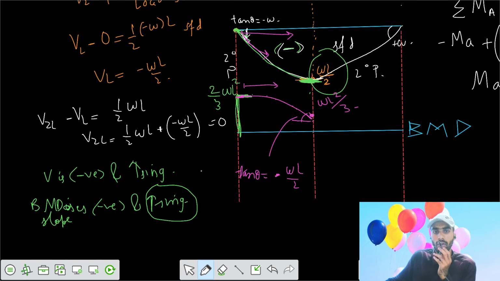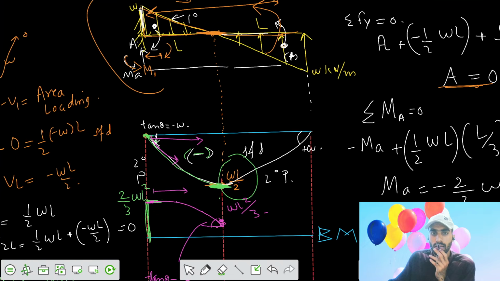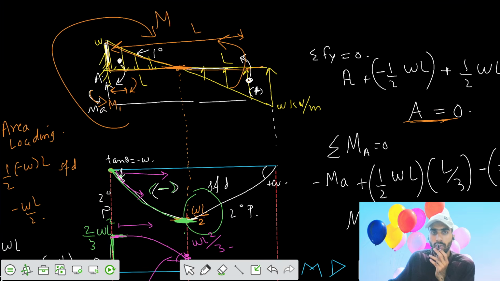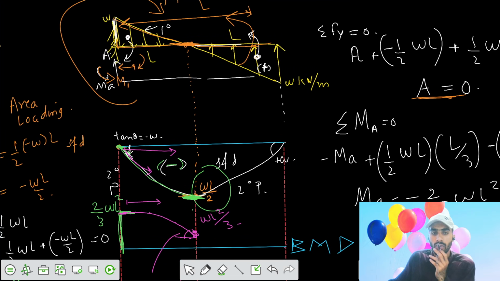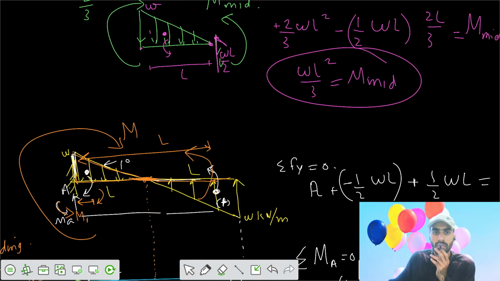So you got the values of the BMD at two critical points. Now we need to get the value of the bending moment at the end. Let's say we got the bending moment value at mid equals WL square by 3.